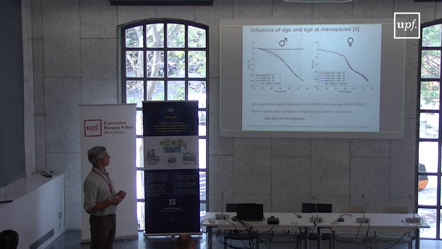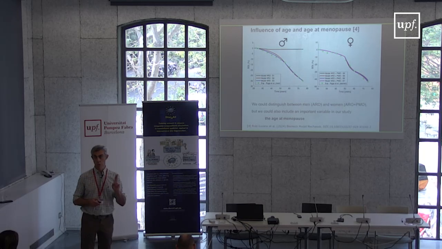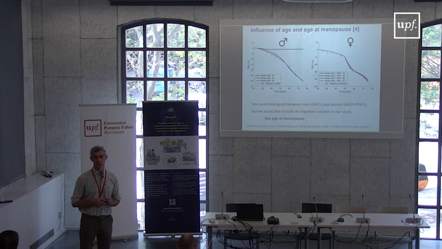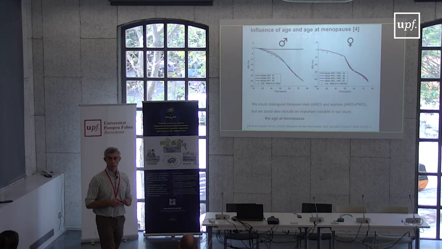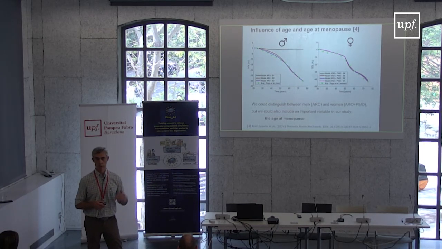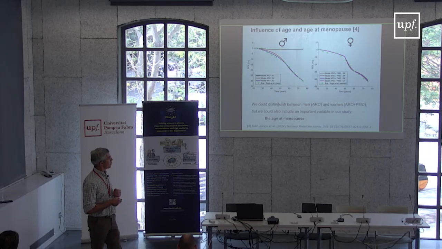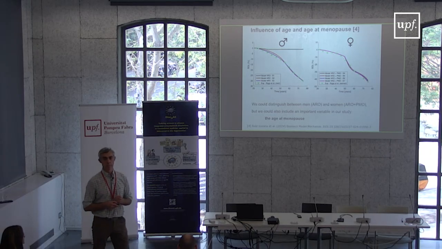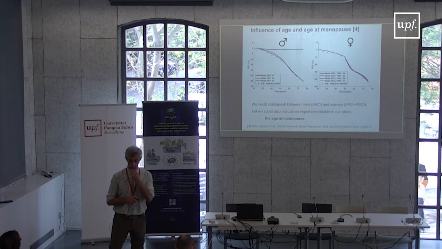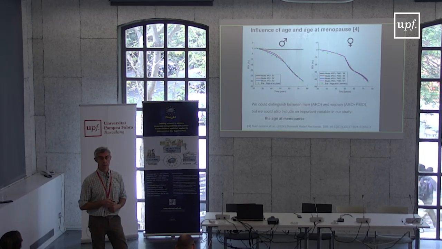But in women you have two effects, because at the onset of menopause around 50, estrogen decline plays a key role, and the abrupt fall of bone density is very acute at this point.